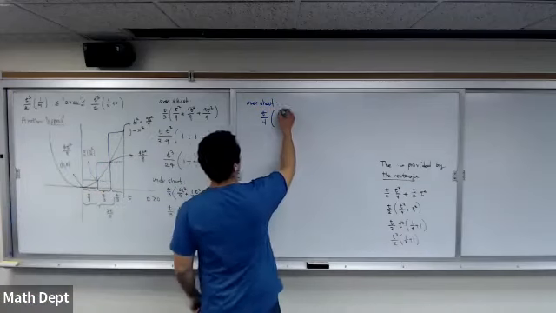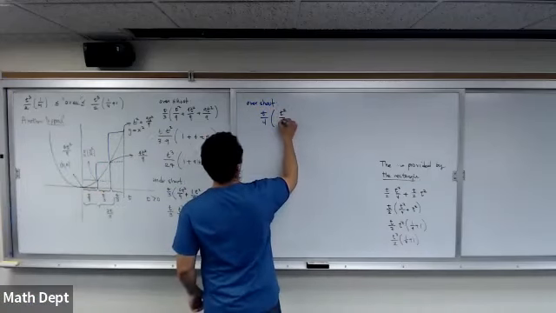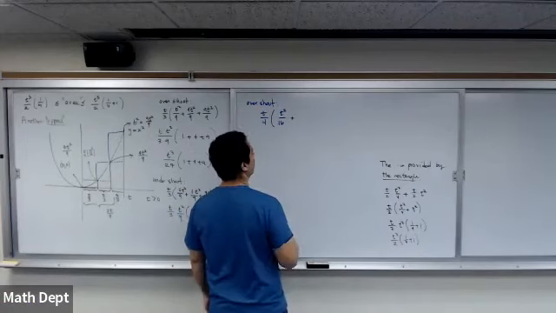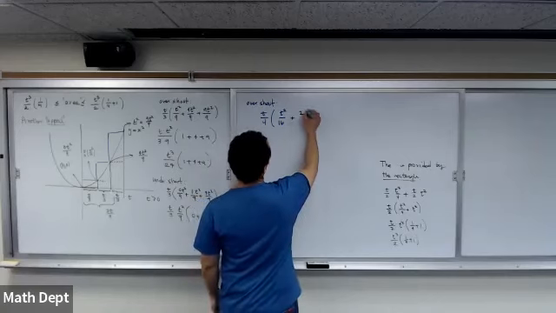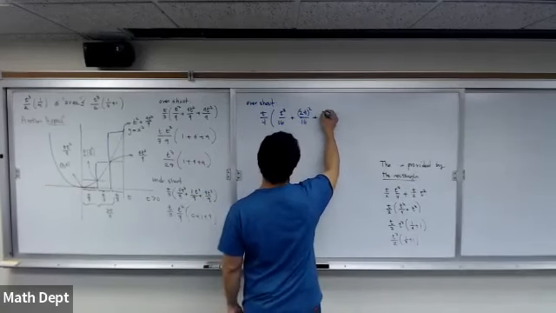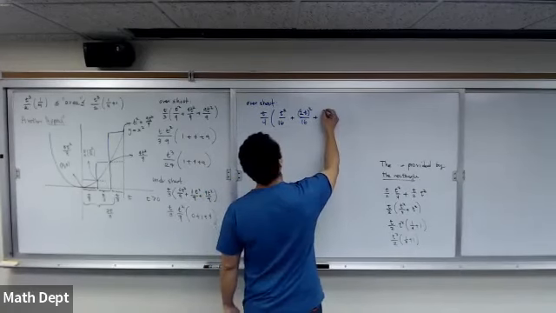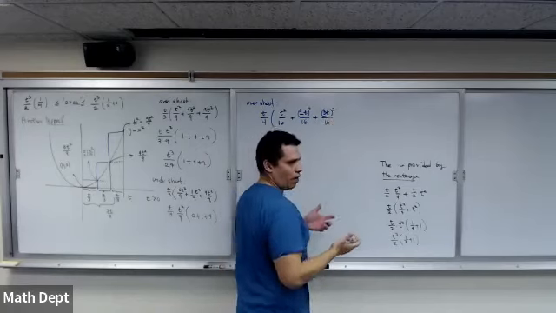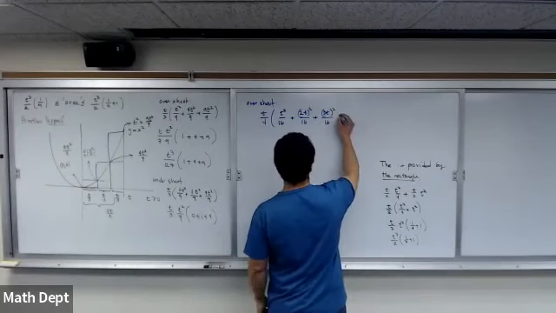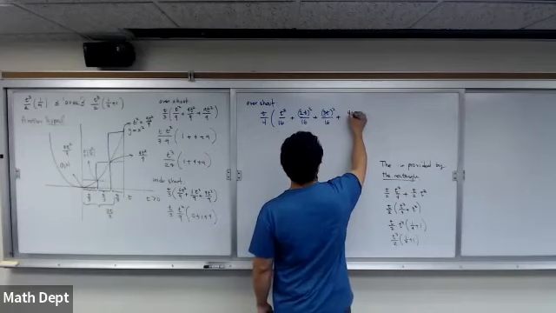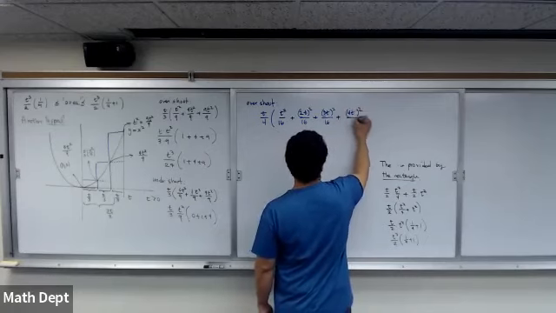The first one would be t squared divided by 16. The next one is going to be twice t squared divided by 16. The next one is going to be 3t squared divided by 16. Actually, I'm hiding a few things here, but we're going to see it. Plus, the next one would be 4t squared divided by 16.